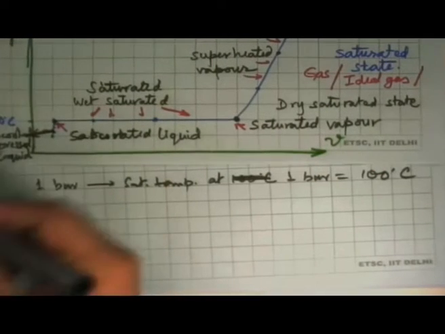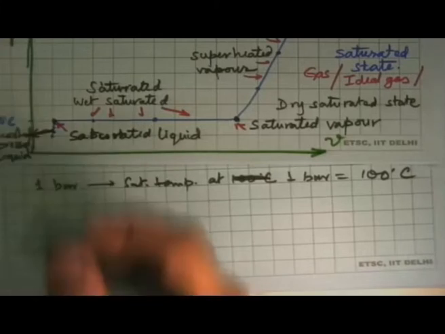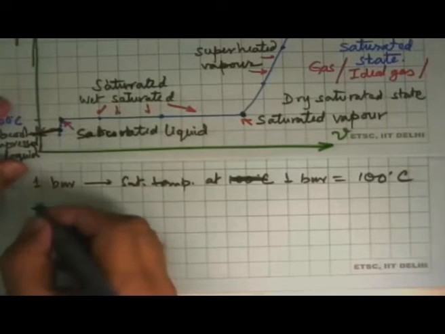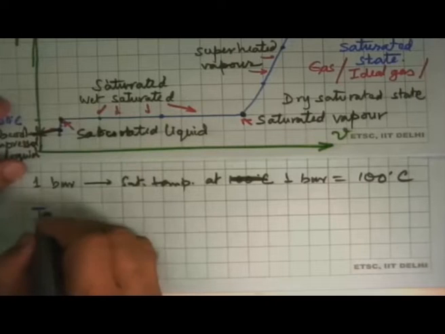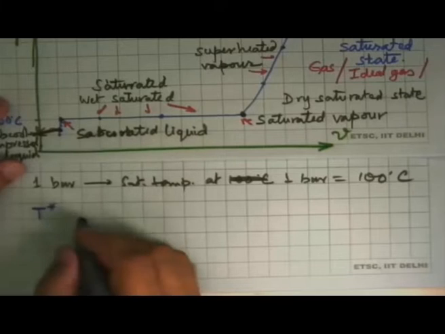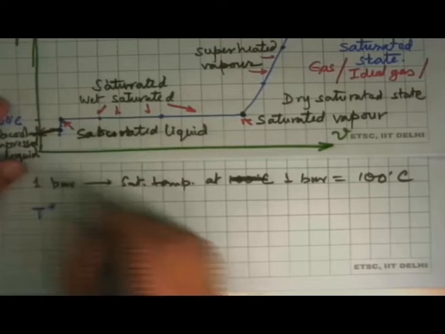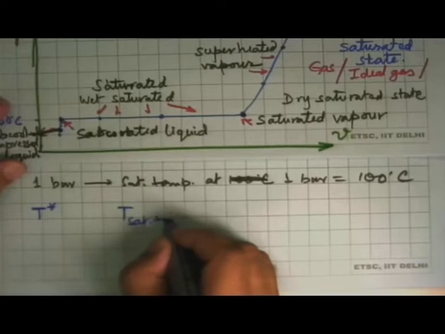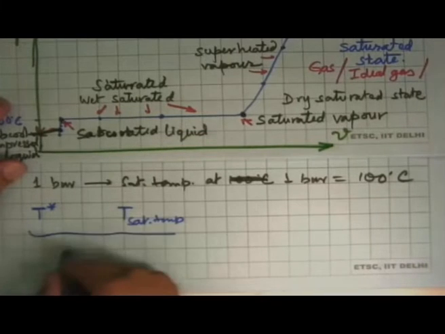So what you are seeing is this: on this chart, for a state which is over here, take the temperature, we will call it T star, and compare it with the saturation temperature at the same pressure.